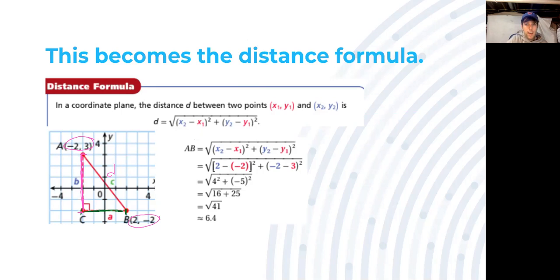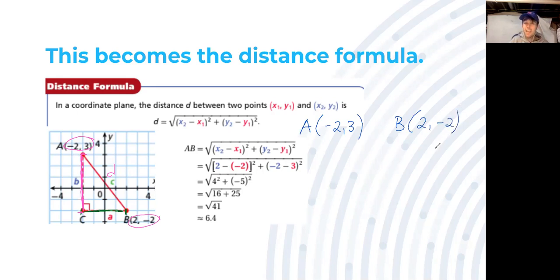So whenever you have 2 points, we have 2 points, A and B. Our point A is (-2, 3), and our point B is (2, -2).